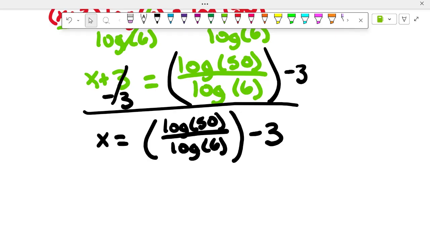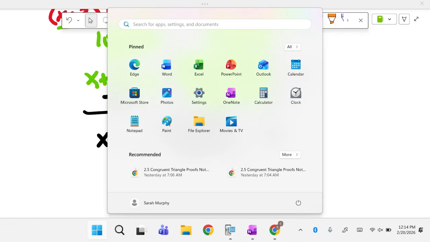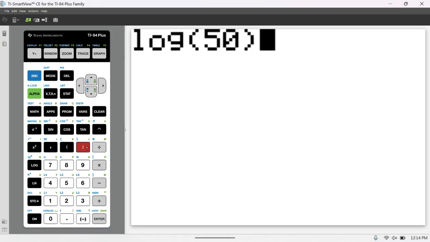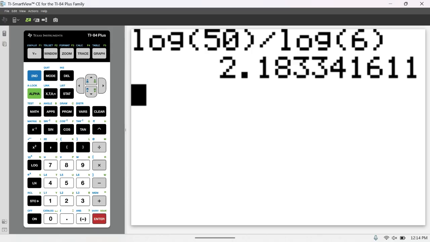My suggestion is, so I want everyone to watch me real quick. When you're doing this in your calculator, do the log divided by the log first. So I'm going to do log of, what was it, 50? Divided by the log of 6. I'm going to do that first and get an answer.